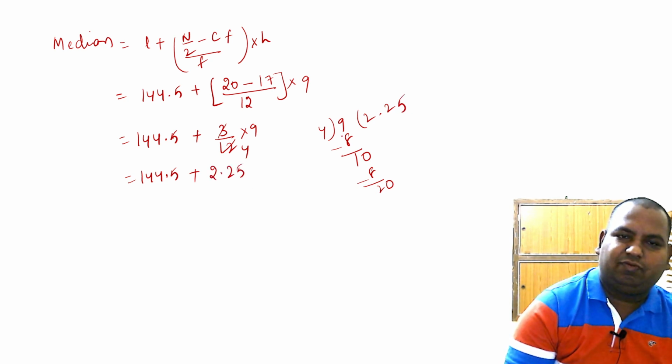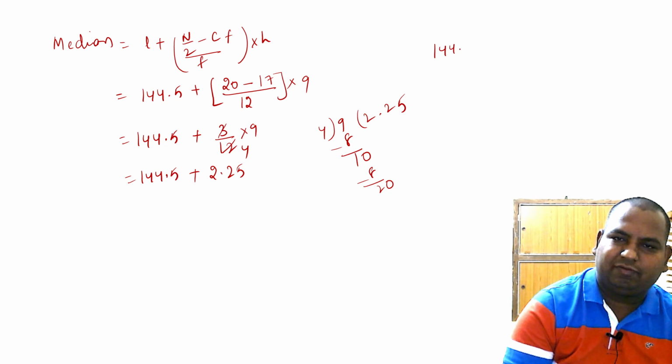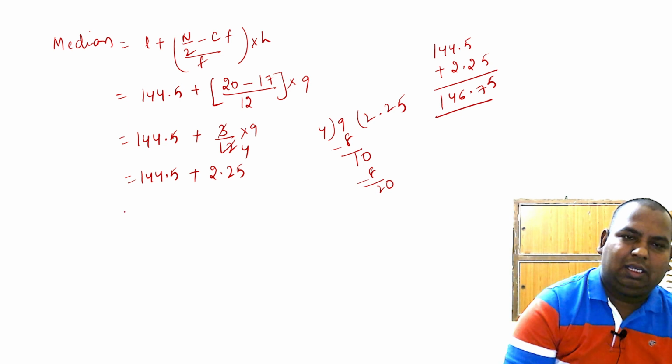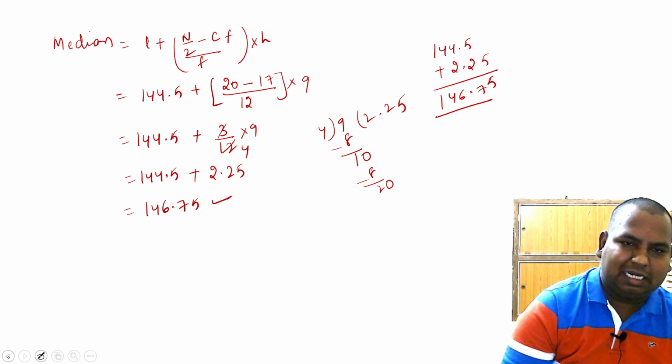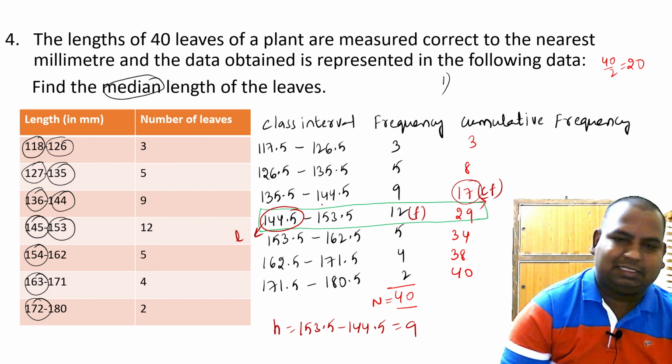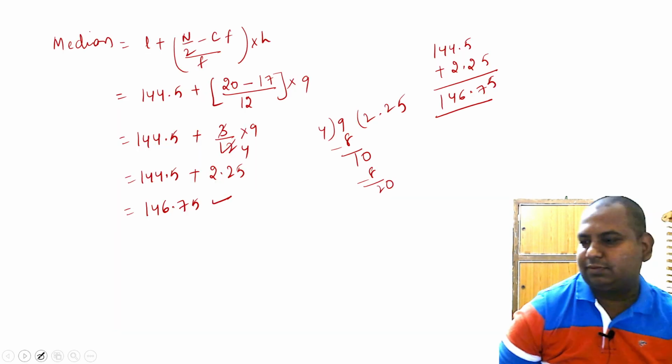If I do 144.5 plus 2.25, I'll have 146.75. So the final answer is 146.75. Is it lying between 144.5 and 153.5? Yes.